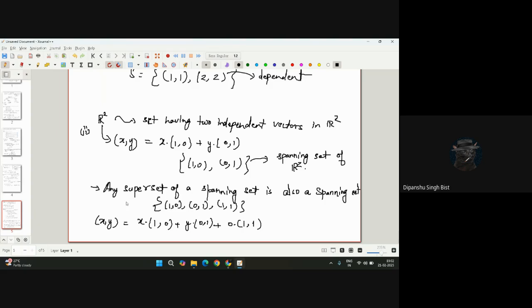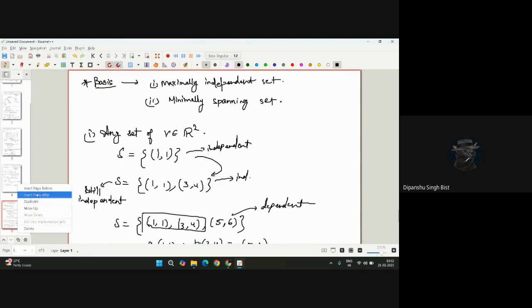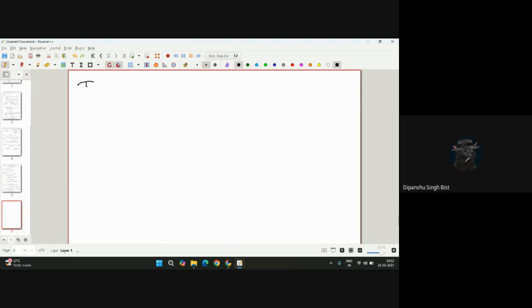So I can say that any superset of a spanning set is also a spanning set, so I can have multiple spanning sets for R2. This suggests that I can have multiple spanning sets of not just R2, but any Rn, for any vector space.